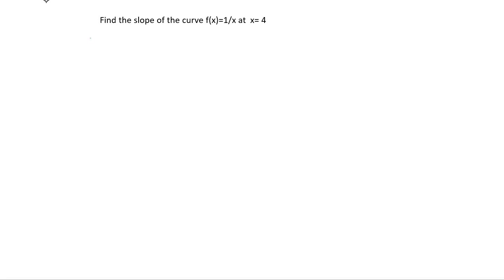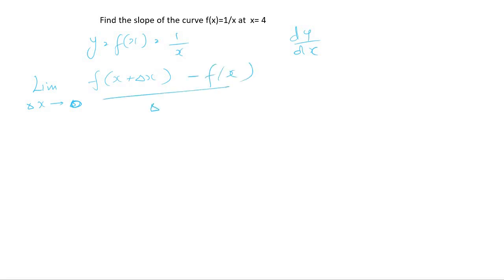So, y is equal to f(x) is equal to 1 over x, and we are asked to find dy over dx, and we know by definition it is the limit as delta x tends to 0 of f(x plus delta x), a small value above x, minus f(x), over delta x.